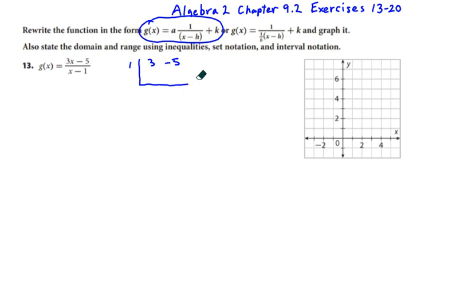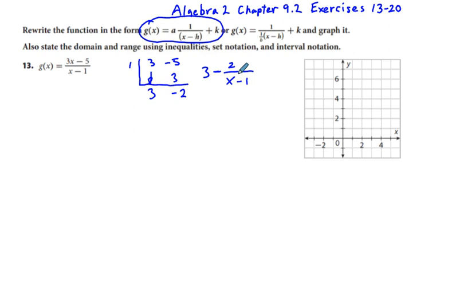And I hope you've done this recently enough to really see what's going on. So you bring down the 3. So 1 times 3 is 3. Negative 5 plus 3 is negative 2. So what we get here is 3 minus 2 over x minus 1.